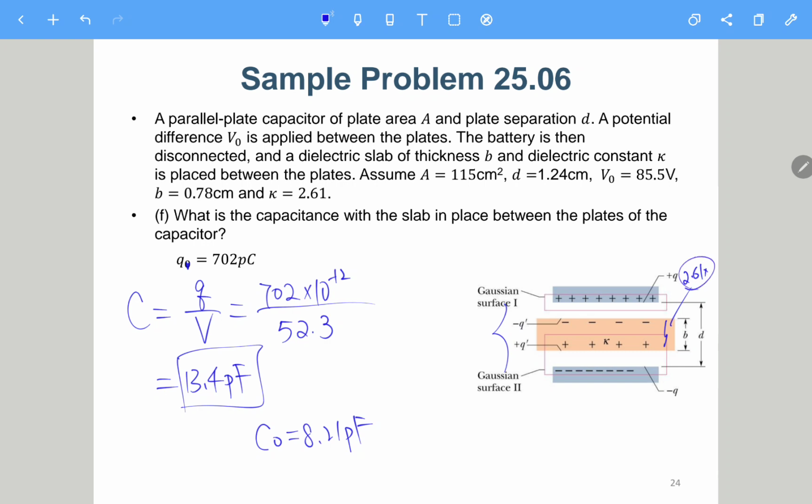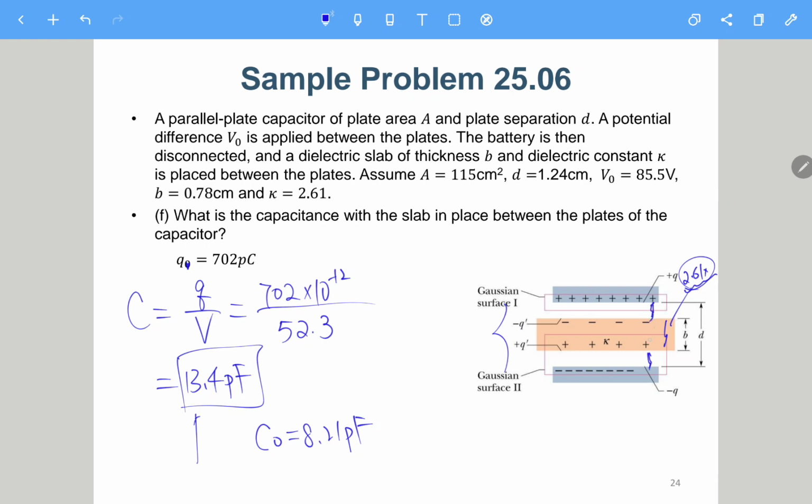By this kind of numerical simulation, you can also calculate that the total capacitance becomes larger, but not really 2.61 times larger, because for the other parts it is still vacuum, so their capacitance doesn't change.